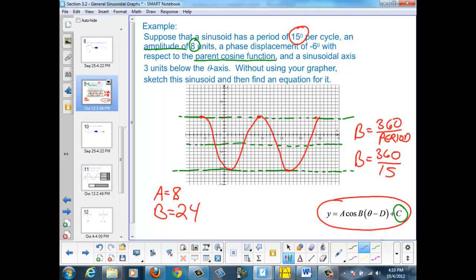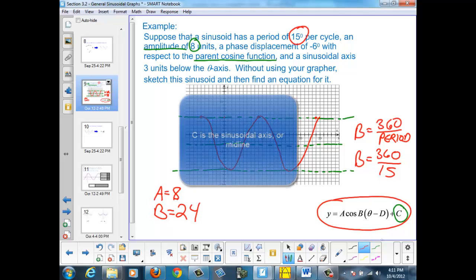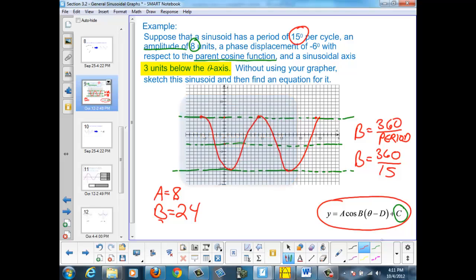Our C value, hanging out there at the end of the equation, is the location of our sinusoidal axis, or our midline. So, as we can see, our sinusoidal axis occurs at -3. So our C value is -3. The D in our equation is our horizontal translation.